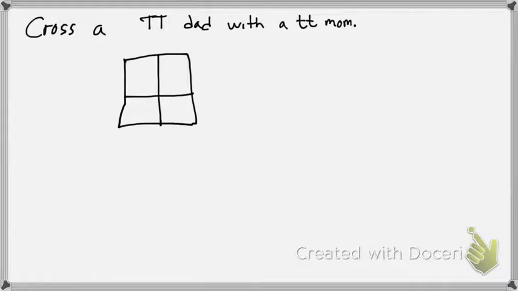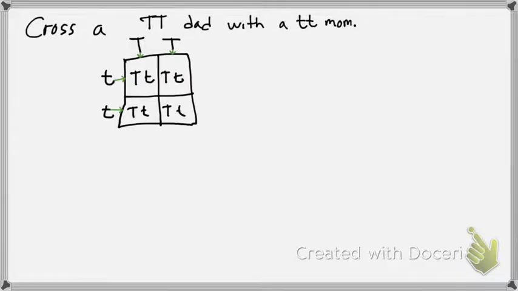We separate dad's genes and put one above each column. We separate mom's genes and put one beside each row. Dad's genes drop down into any box that is below them. Mom's genes move across into any box that is beside them.